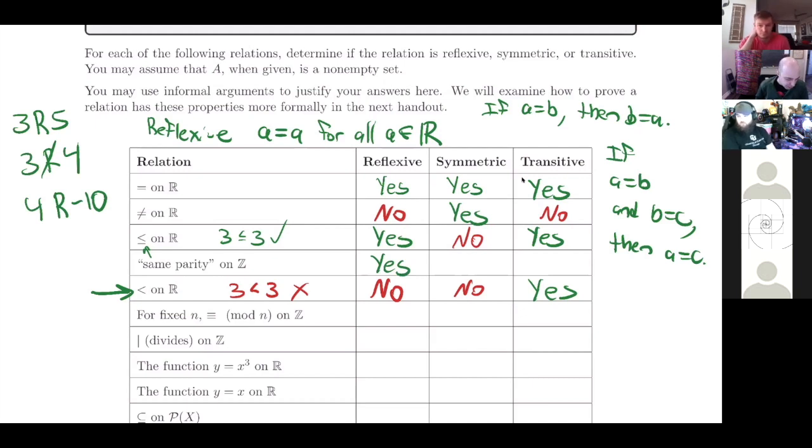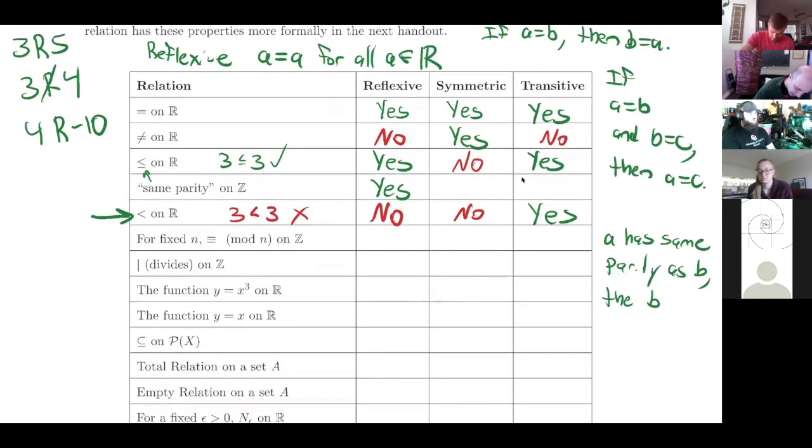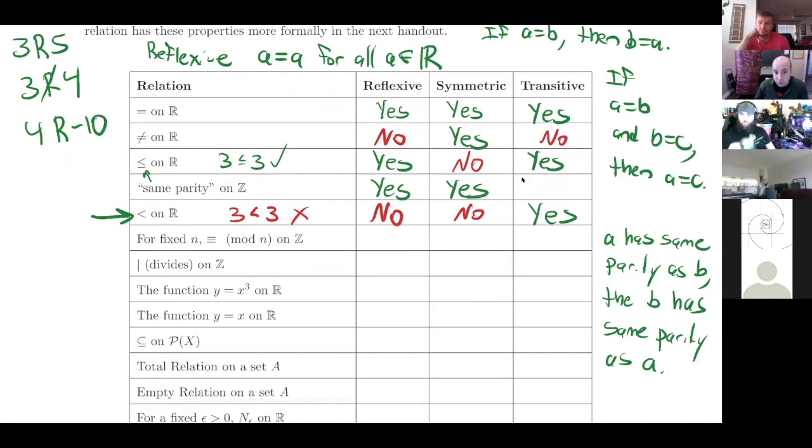As far as whether this is symmetric, if A has the same parity as B, then certainly B has the same parity as A. So that is also a yes. That's what most people were thinking.